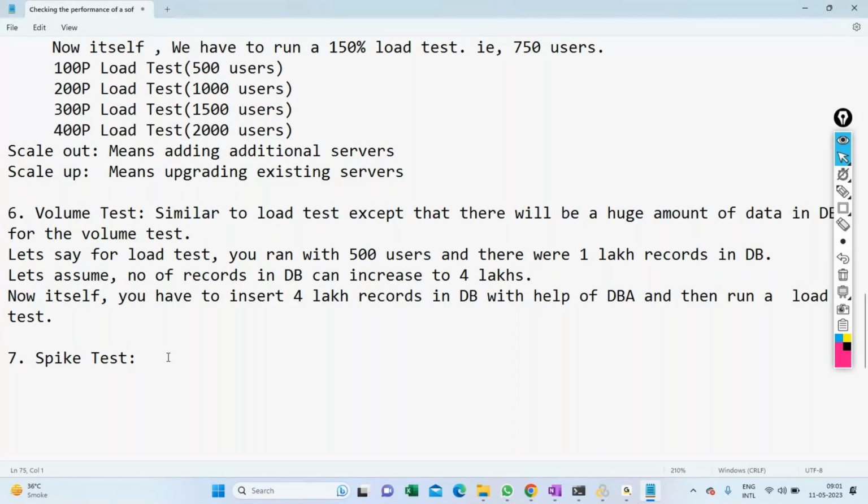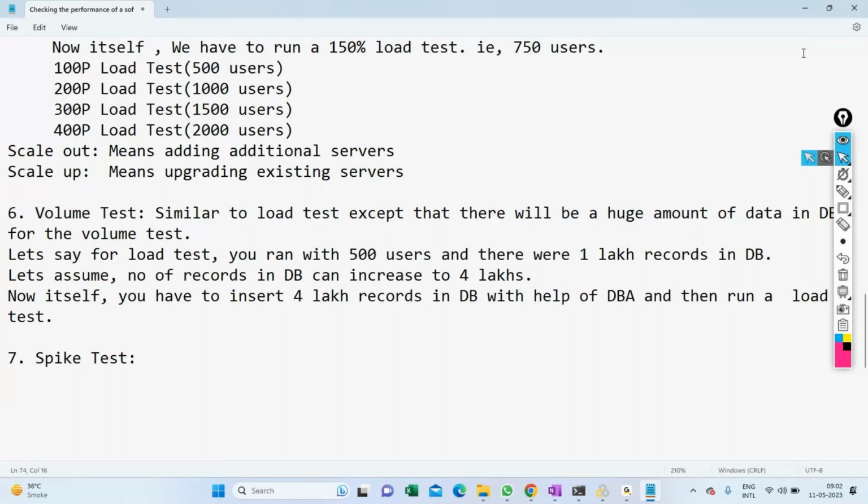Okay. Then you have spike test. Spike testing basically is again kind of an ad hoc test, which we don't do for every project. Spike testing means we try to give a sudden spike in terms of increase or decrease of users.